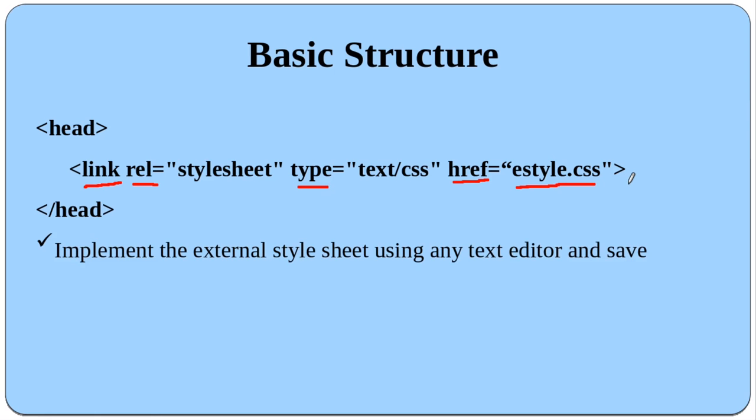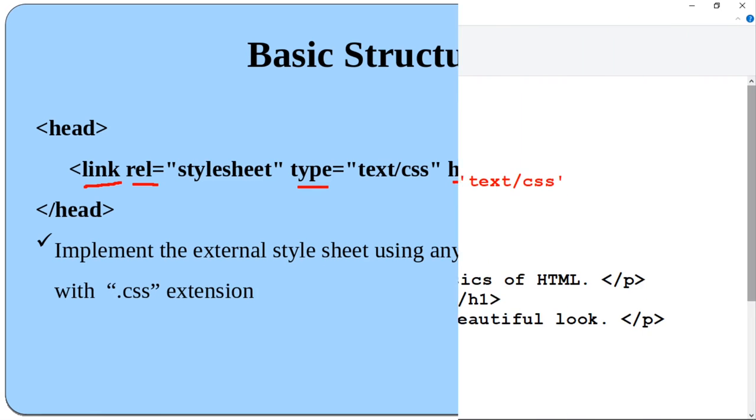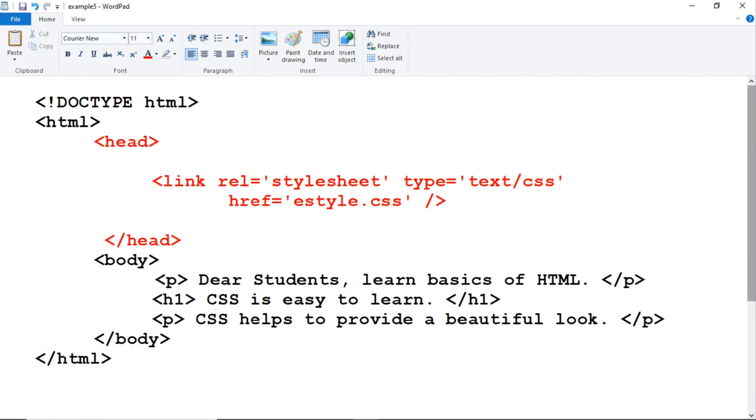So we need to implement the external style sheet using any text editor like Notepad or WordPad and save with .css extension. Observe here, we have taken one example to explain linking of external CSS file to HTML document.